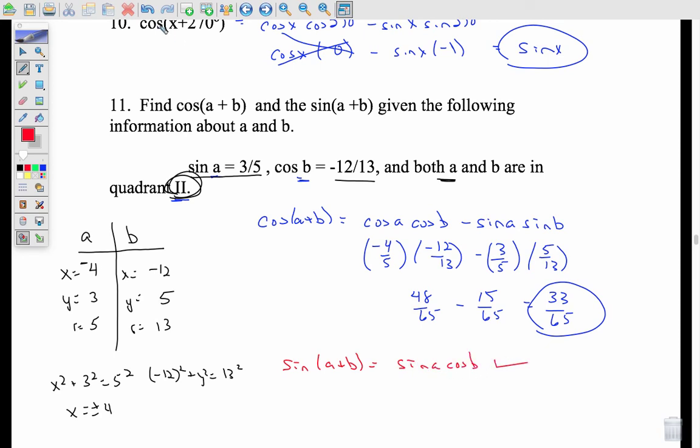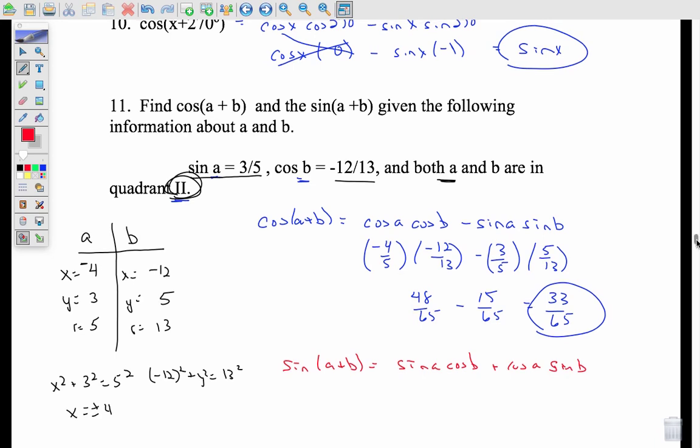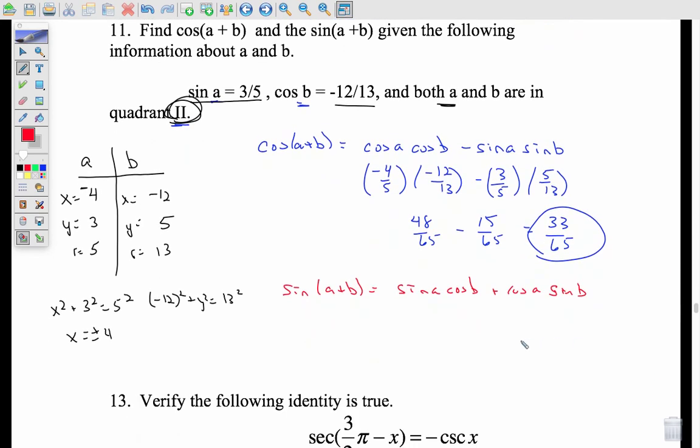Having found x, y, and r should make finding the sine of A plus B go very quickly. So sine A cosine B plus cosine A sine B. So there's our identity formula.